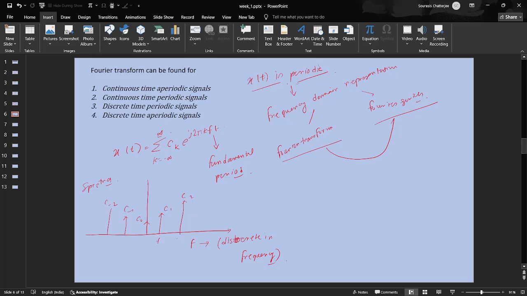This is at f, at 2f, at 0, minus f, minus 2f.